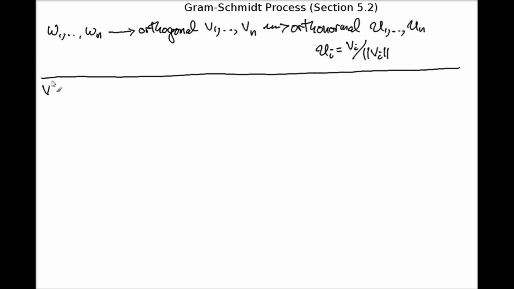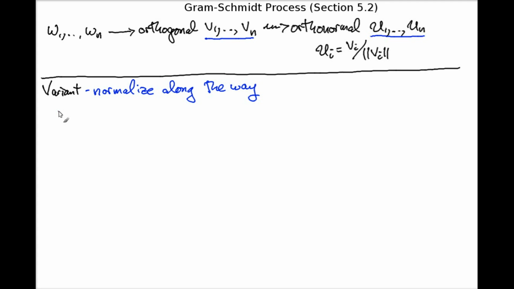What I want to do now is a variant. So what we did here is we constructed all of the v's, and then at the very end we normalized them to get the u's. In this variant, what we're going to do is normalize along the way. And I'm going to write this algorithm in a slightly different form.